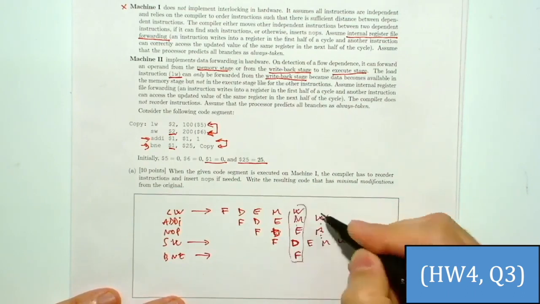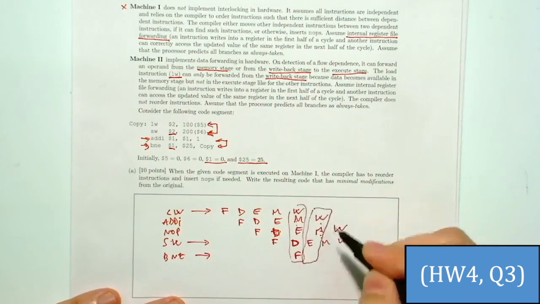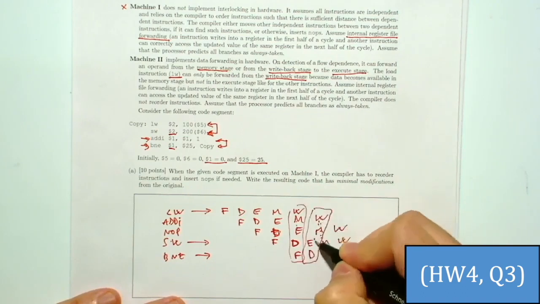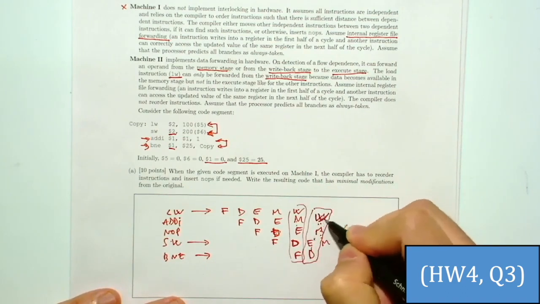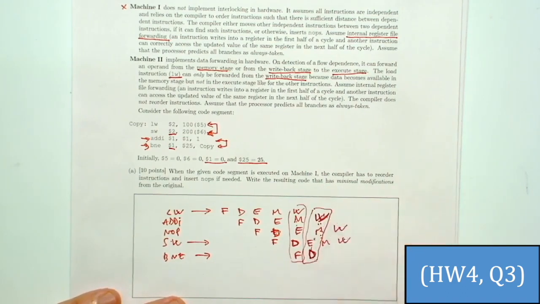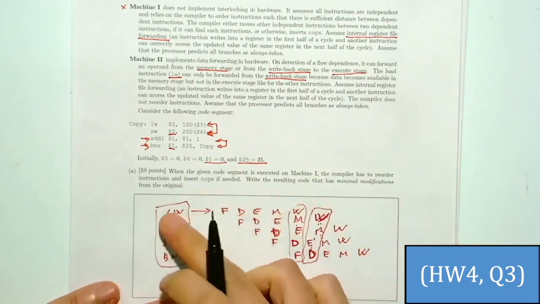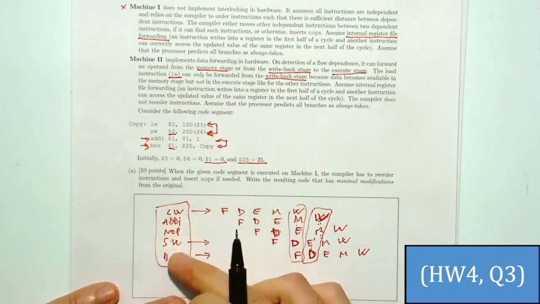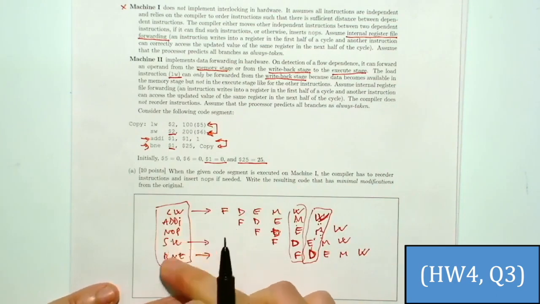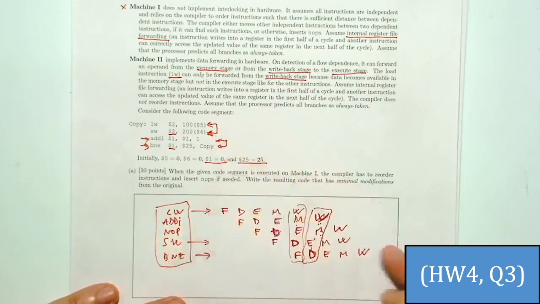So this is not very well aligned, but this is the decode phase, so when we grab that here, we can read the register from here. So we can execute memory and write back. So this is basically the final code that the compiler needs to generate to execute this code correctly in machine 1.